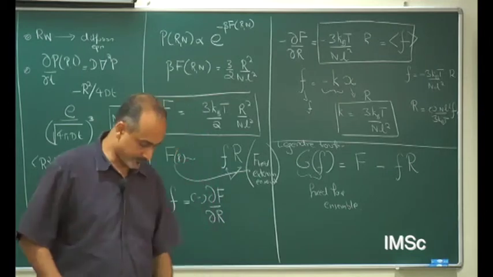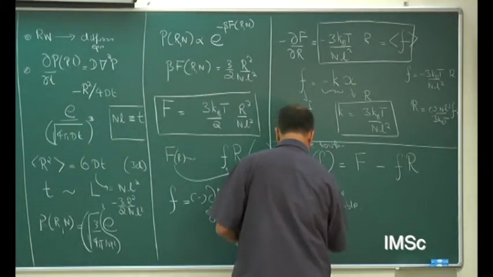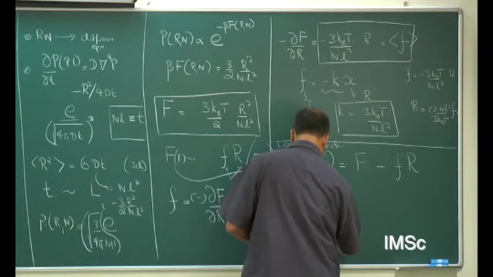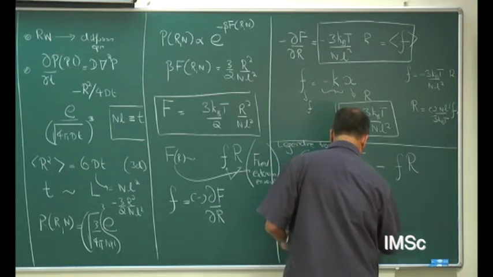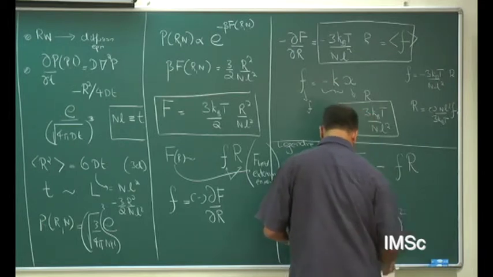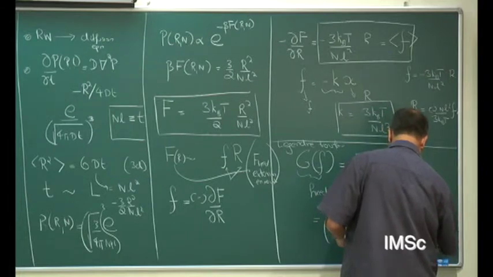What you will get is the first term will give you thrice kBT divided by 2 L squared into L squared divided by 3 kBT times F, the whole squared, minus F times L squared divided by thrice kBT times F again.